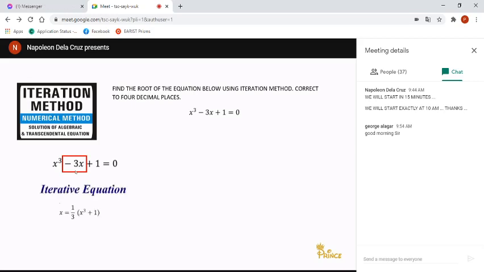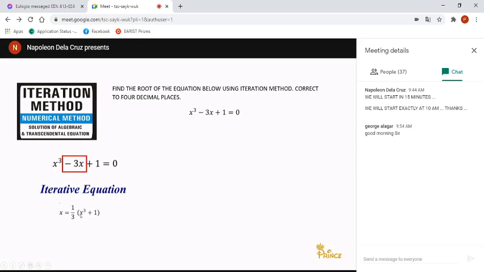So we have now the iterative equation. Okay, if you will substitute this, transpose this on the other side, simplify, you'll have this iterative equation. X in terms of x.